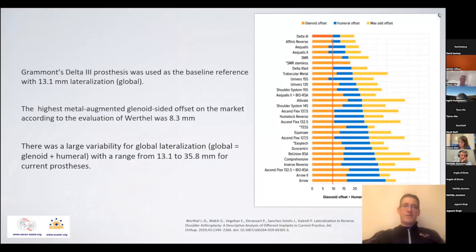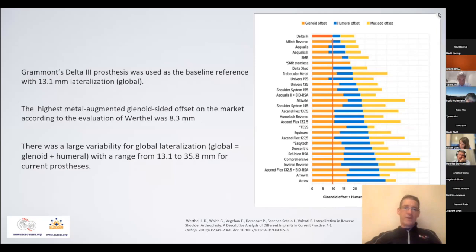And this interesting study by Werthel et al. looks at the current available prosthesis designs, and the vertical red line shows the lateralization of 13.1 millimeter from a Grammont Delta 3. And then if we look in the orange, we can see the glenoid offset, the blue being a humeral offset, and then the yellow being the maximal additional offset in use in terms of use of other components or biological augments.